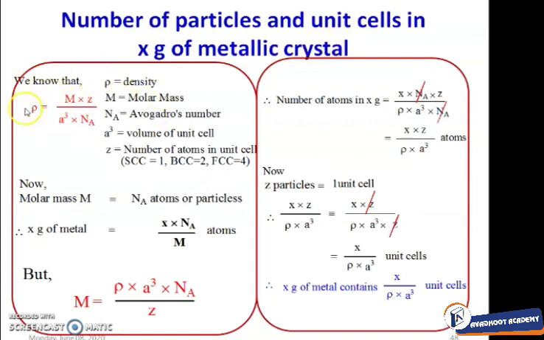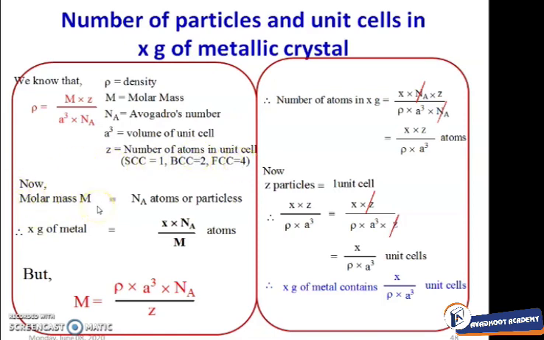Now we know that density of crystal or density of solid is equal to m into z upon a cube Na, where m is molar mass, Na is Avogadro number, a cube is volume of unit cell, and z is the number of atoms in unit cell. That is, for simple cubic system number of atoms is 1, body-centered cubic system it is 2, and face-centered cubic system it is 4.